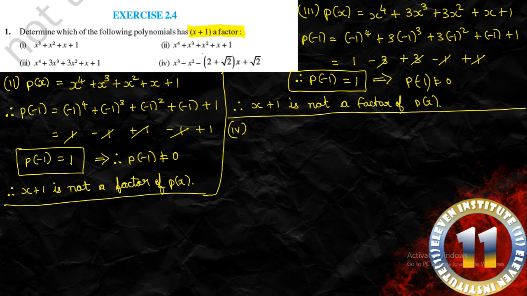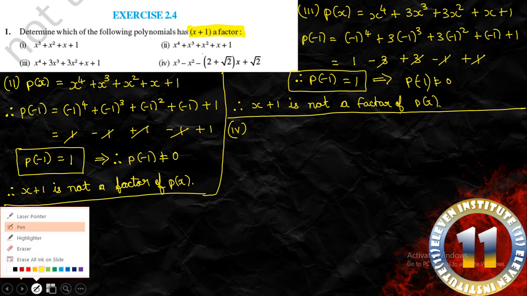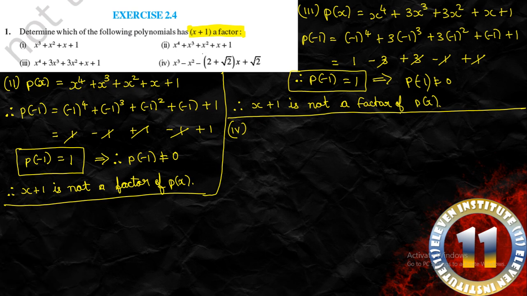So again, first of all, we will write the polynomial over here. Fine, so this is the polynomial. Now instead of x, we will write minus 1 again, because we need to find p of minus 1.